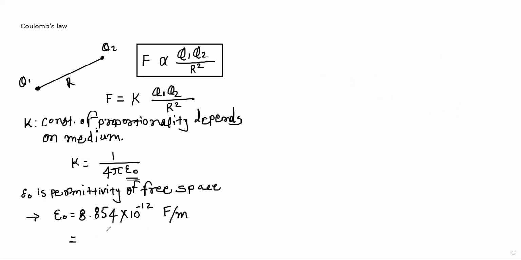The value is the same, but for calculation simplicity, we can consider this as 1 upon 36 pi into 10 raised to minus 9, unit is the same, farad per meter. So either you go for this or you can go for this. For calculation simplicity, we use this value.